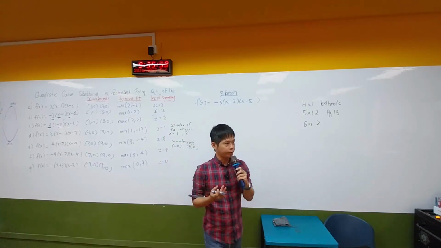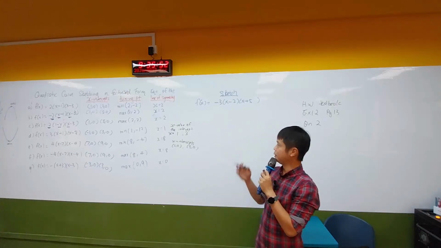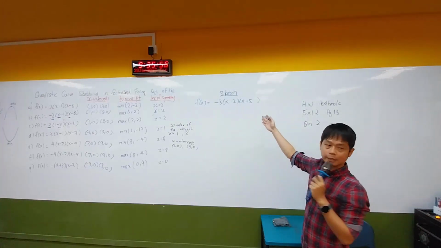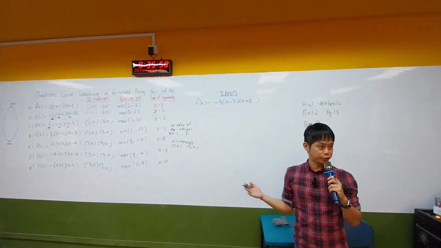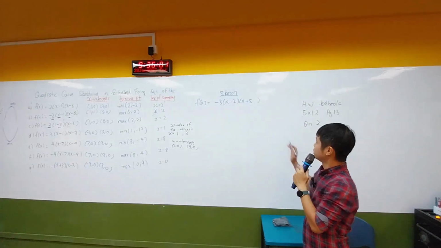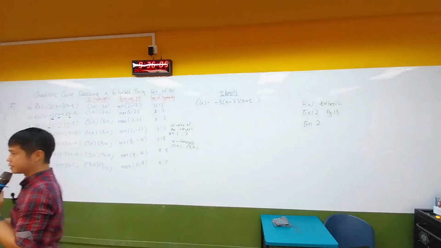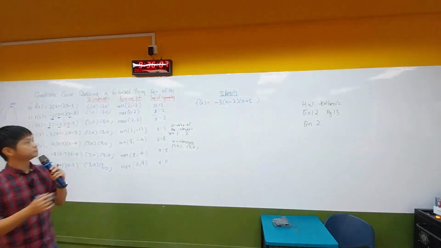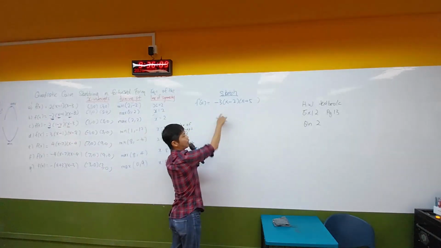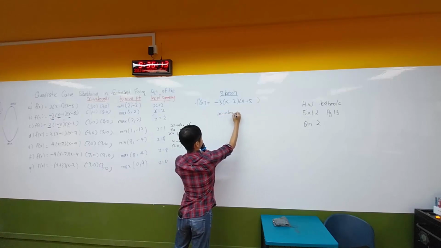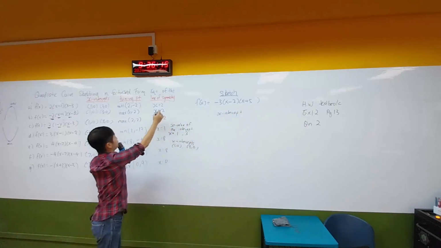Okay, so the lesson for today is why the turning points are like this. How do we find the turning point? So we turn to this example here. After that, we are going to sketch. So look at this example. Do you all know what the x-intercept is? How do we find the x-intercept?